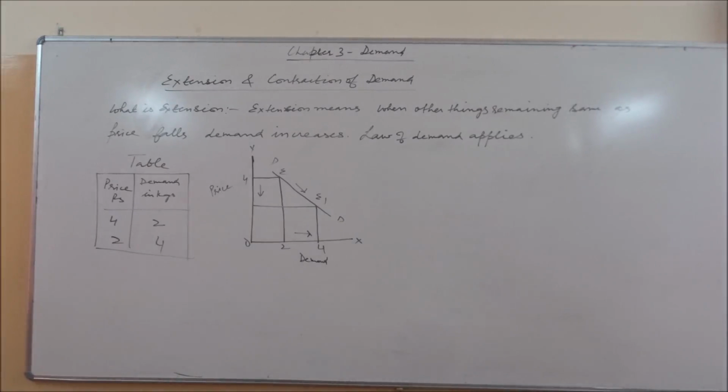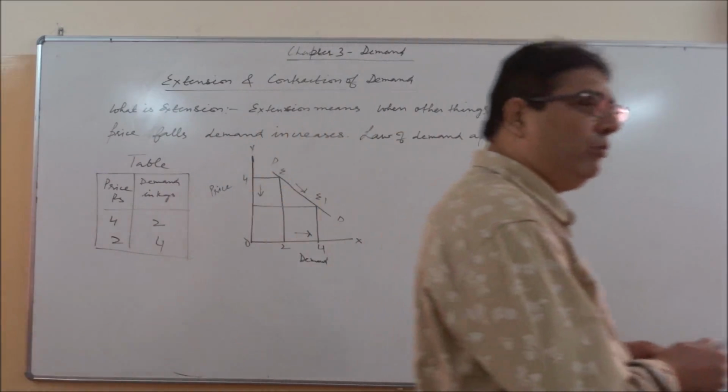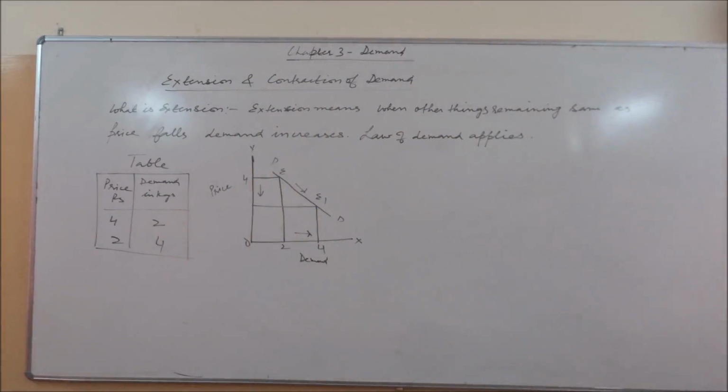As price falls from rupees 4 to rupees 2, as a result, demand increases from 2 kg to 4 kg. This is called extension in demand.